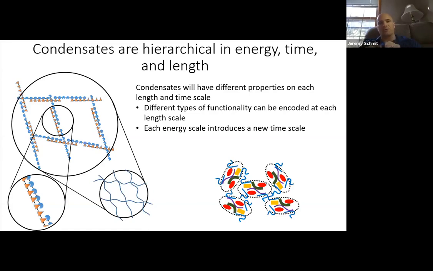If your probes are separated by a distance that's characteristic of the strong interactions, you would get one type of viscoelastic behavior, whereas if they're separated on a length scale characterized by the weaker interactions, you'd get a very different viscoelastic behavior. So the prediction here is that you are going to have heterogeneous viscoelastic properties, and they're just going to be different.